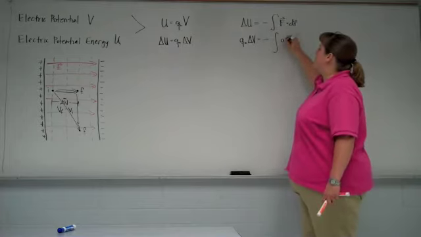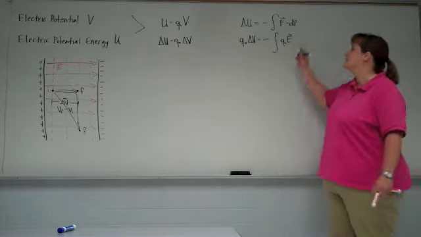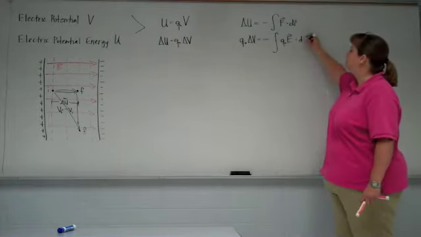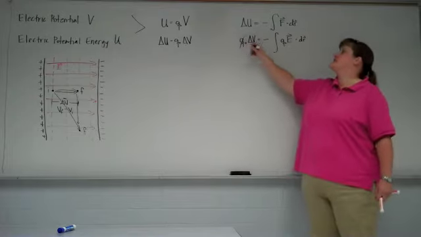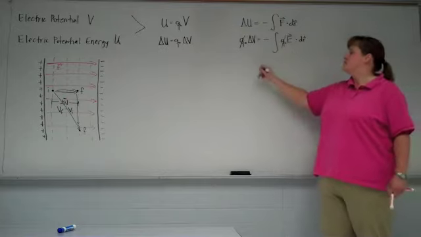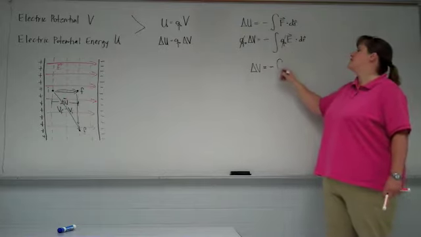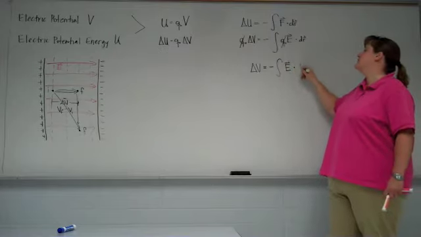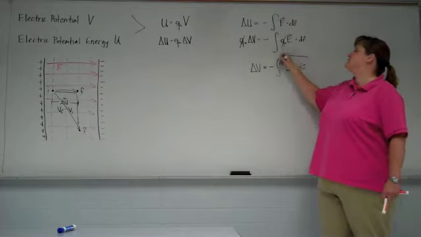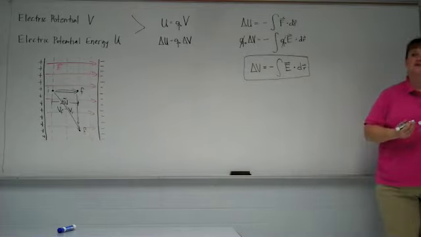Force, we know that any charge in an electric field will feel a force, so I'm going to replace force with Q naught times E. Have a Q naught on both sides, so they'll cancel. So delta V is equal to the negative integral of the electric field dotted with the displacement. This is our relationship between delta V and the electric field.